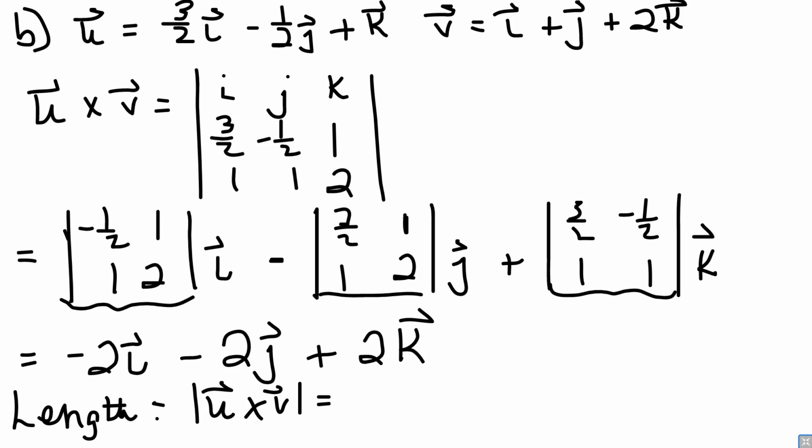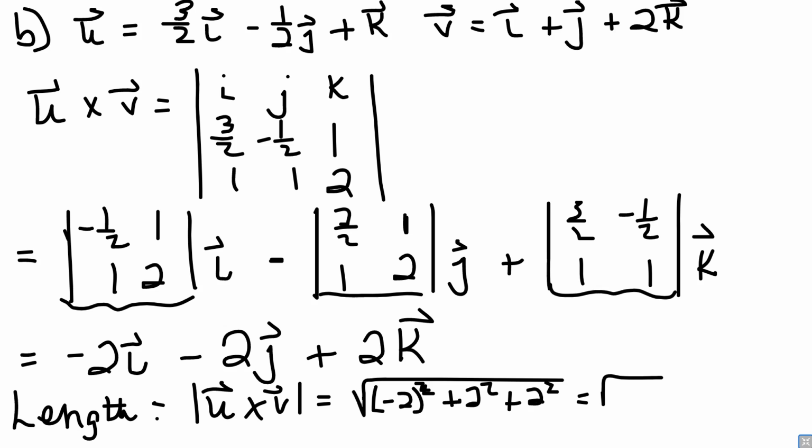So essentially what we're going to have is the square root of -2 squared plus 2 squared plus 2 squared, which is going to give us the square root of what? 12.